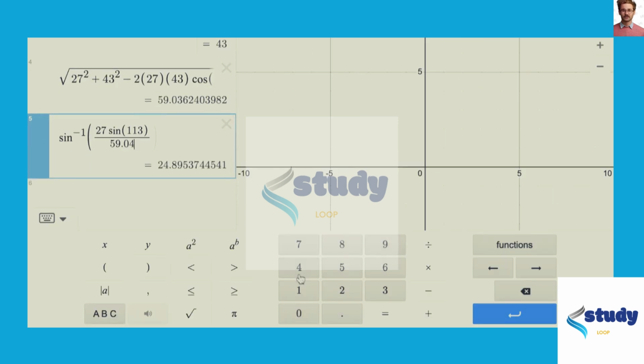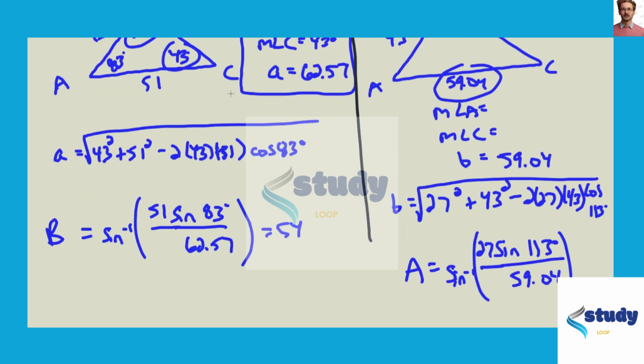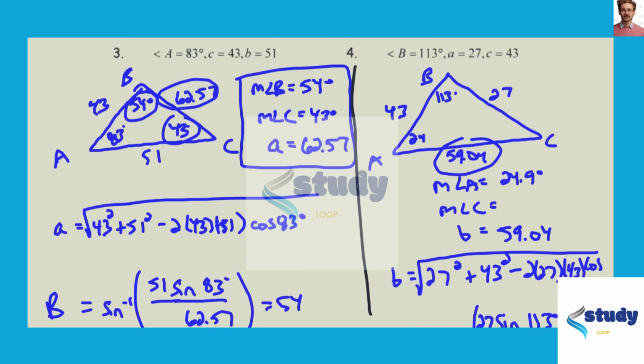We'll call it 24.9 degrees, to the nearest tenth. You may just call that 25 degrees possibly.